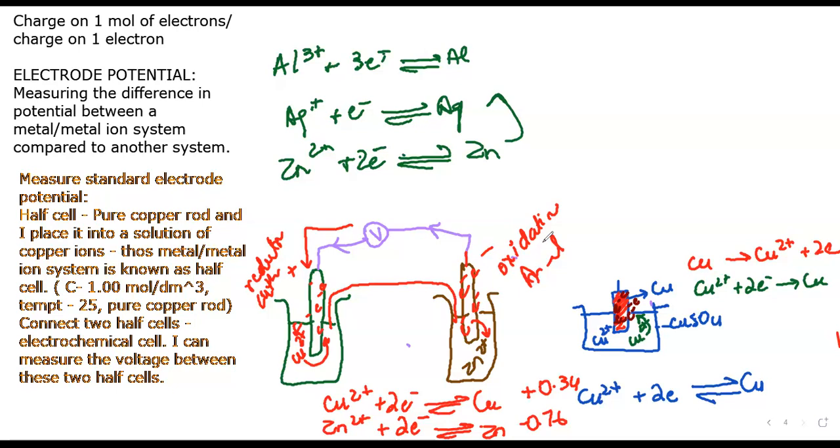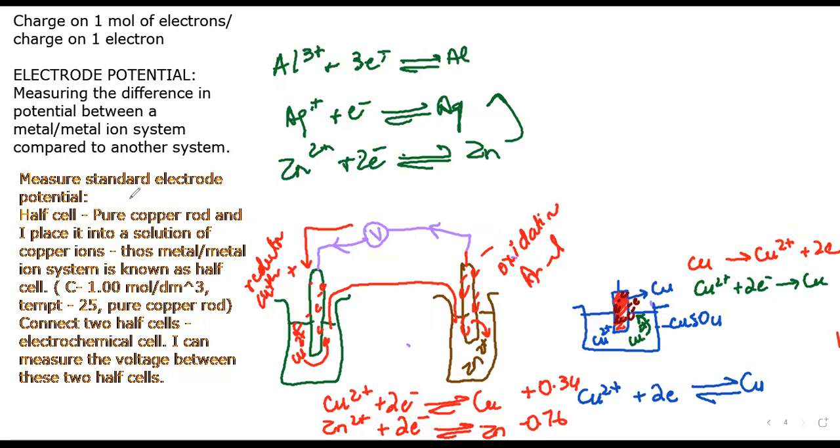Similarly, this is basically how I can take two half cells and connect them together to make an electrochemical cell. And now we were talking about how we can measure our standard electrode potential. We can measure standard electrode potential in three combinations. One is fixed, that we have a hydrogen electrode. I told you all our data book readings are with the hydrogen electrode.